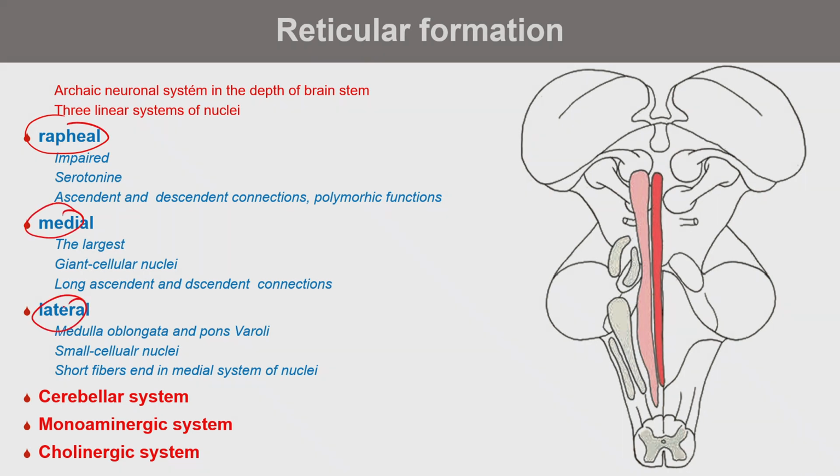It's not too important to know which cells are in which, but the raphe is maintained by the neurotransmitter called serotonin.